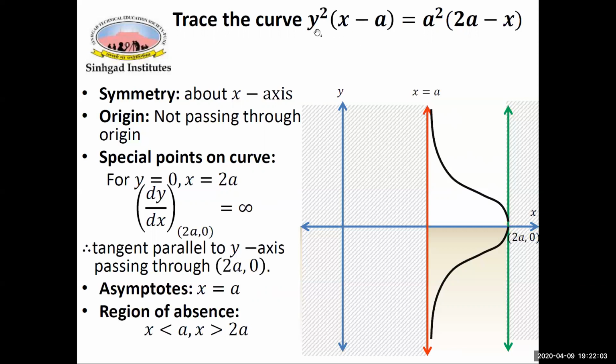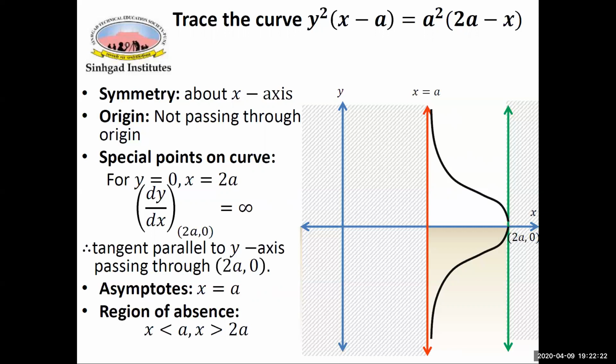Other way, if you write it as y square equal to a square into 2a minus x divided by x minus a, for which value of x is y square infinity? For x equal to a. Hence, x equal to a is an asymptote.